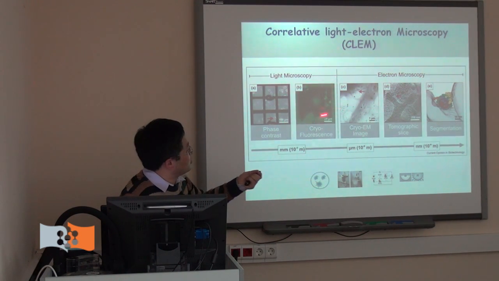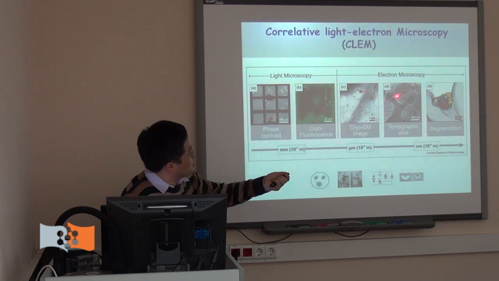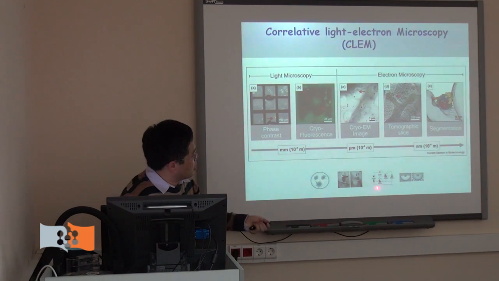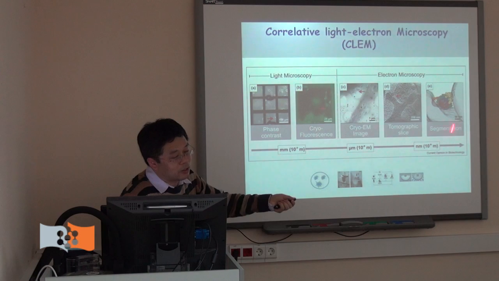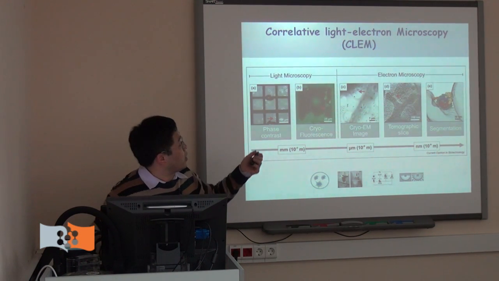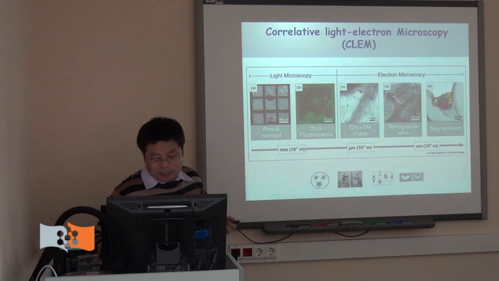Then you transfer this EM grid to the electron microscope to get more details, and with the help of this localization, find the molecules and use electron tomography to get a 3D reconstruction. That's the prototype and idea of correlative light and electron microscopy.